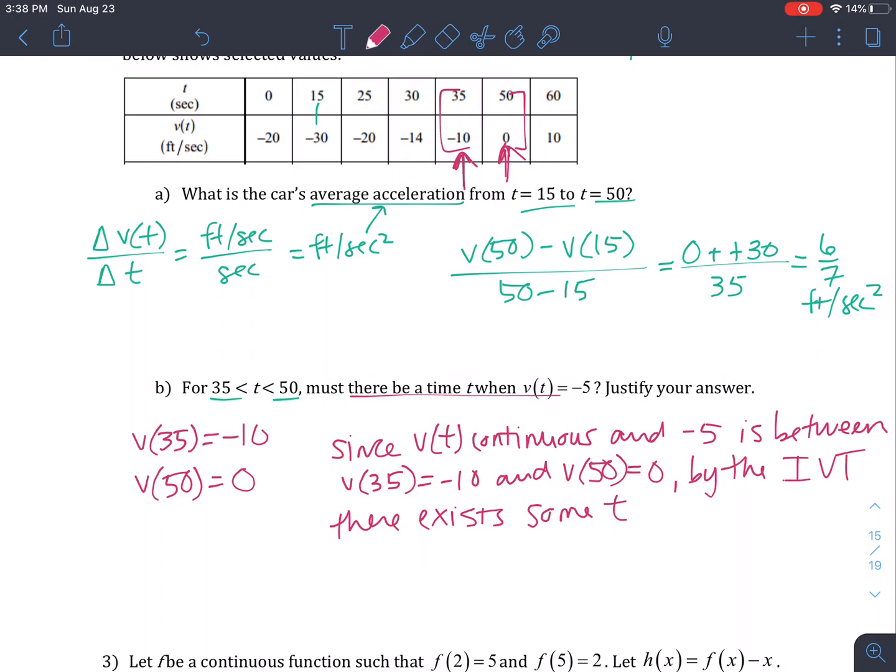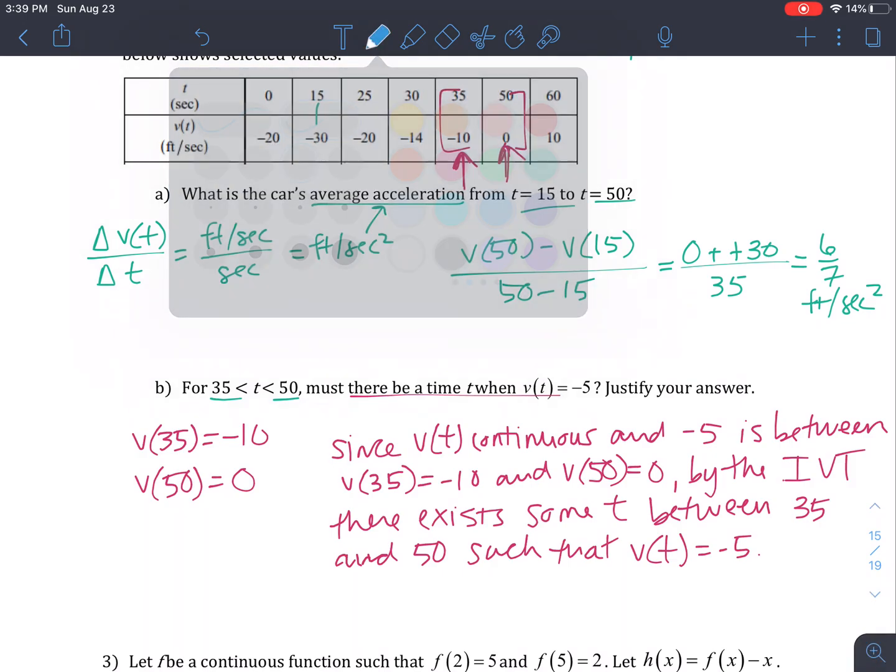We don't know exactly when it was, but some t between 35 and 50, such that the velocity was -5, such that V of t was equal to -5. Okay, so again, since -5 is between -10 and 0, there was some time t between 35 and 50. Maybe it was at 40 seconds, 42 seconds, such that the velocity was -5. Okay, and we're going to finish up the last example there. Pause if you need to continue writing your justification.